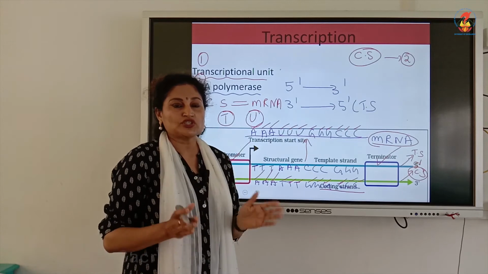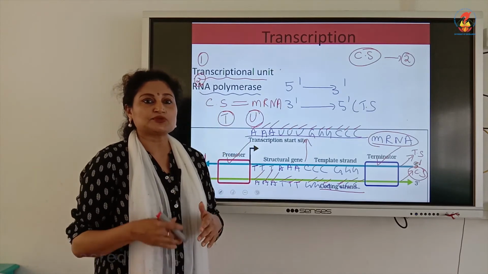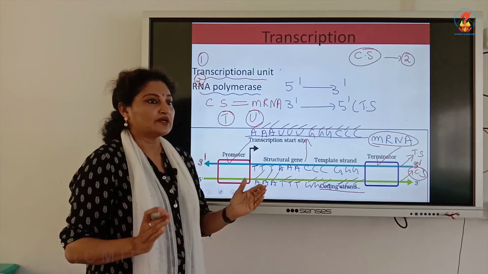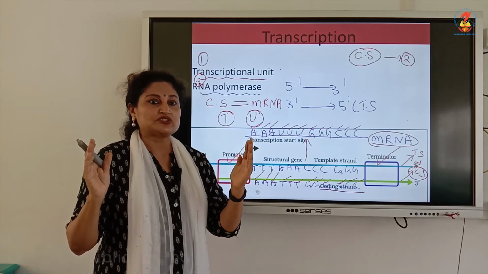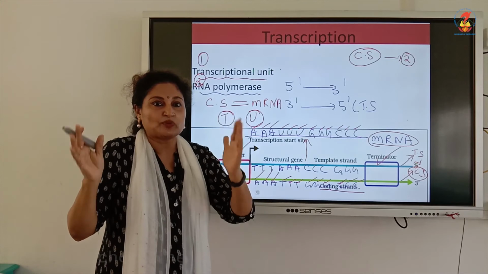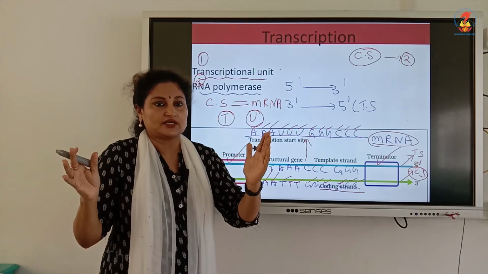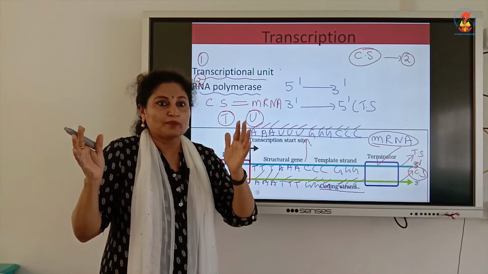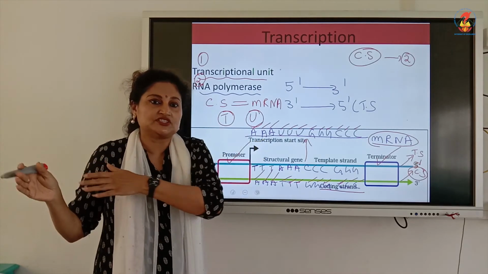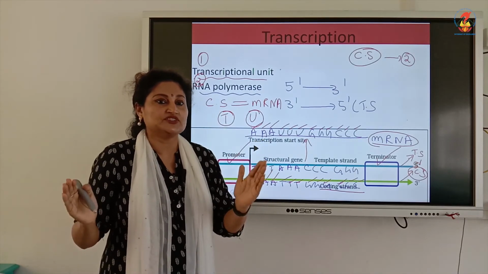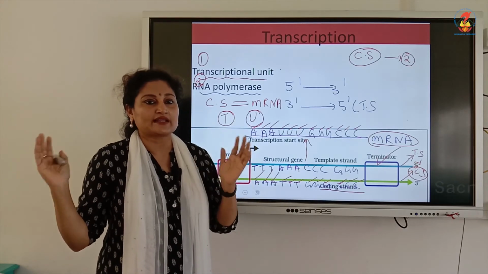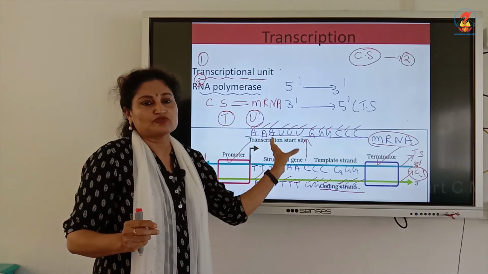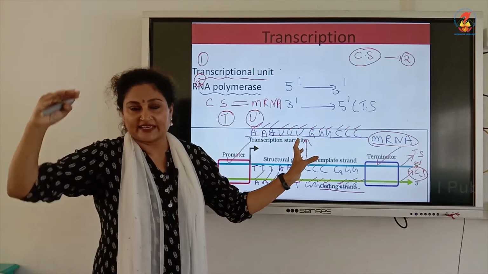The promoter is placed at the 5' end and the terminator is placed at the 3' end of the coding strand. Remember, the only sequence that is going to be transcribed is the one between the promoter and the terminator, and that sequence is known as the structural genes. For prokaryotes, there are a number of structural genes, whereas for eukaryotes, there is only one structural gene located between the promoter and the terminator. So only that is going to form the mRNA, that is the wavy line.